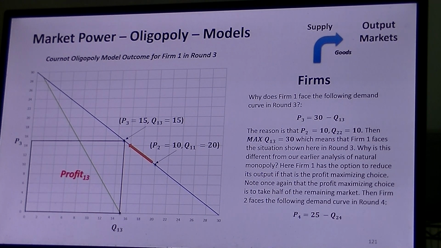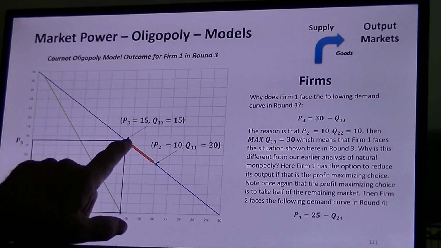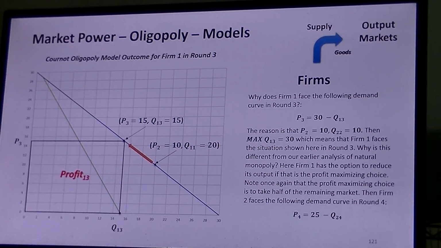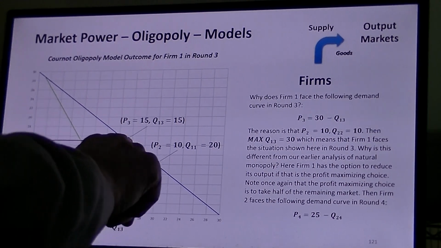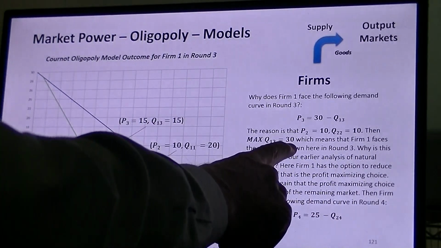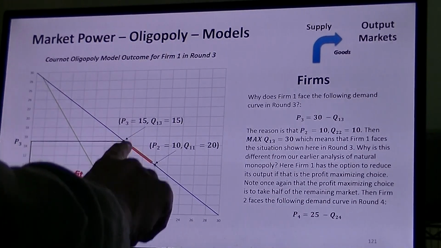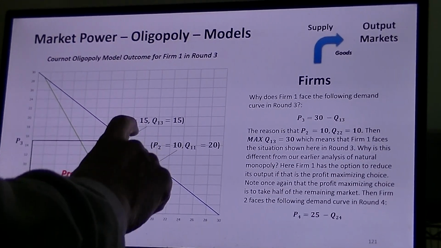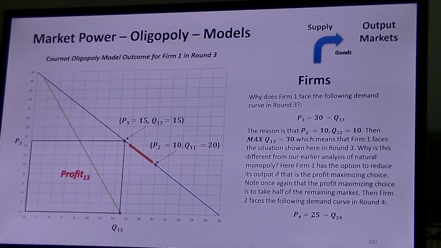So here this firm is charging a higher price. Their profit maximizing output is to get half the remaining market, which is 15, at a price of 15.